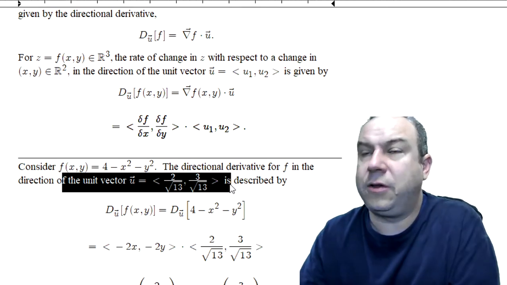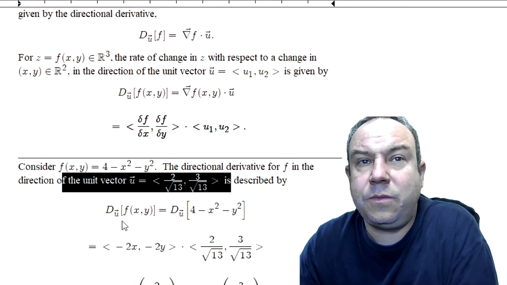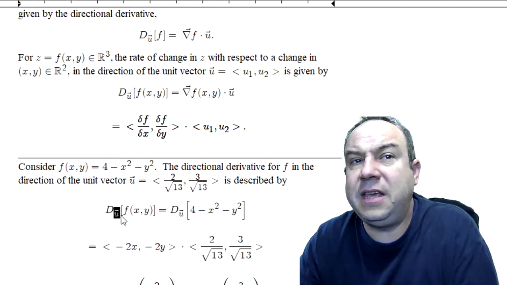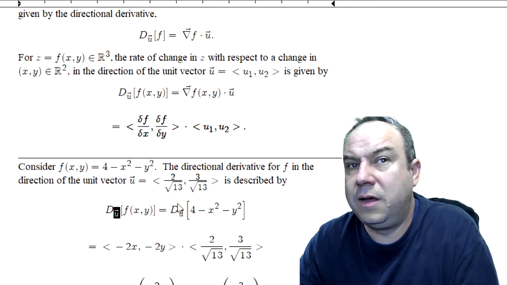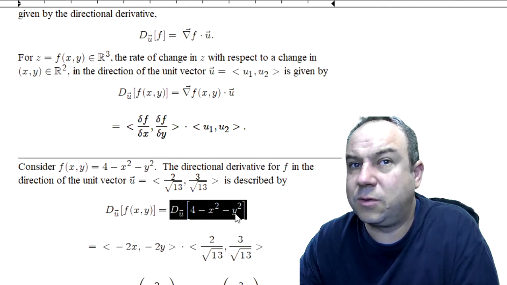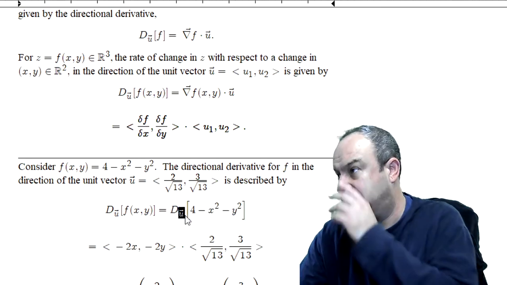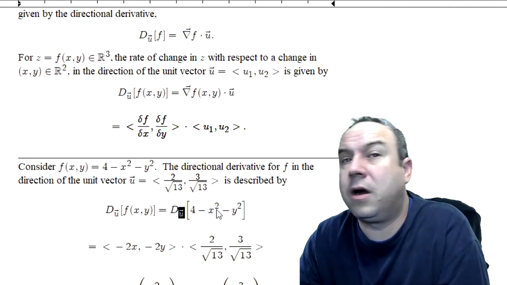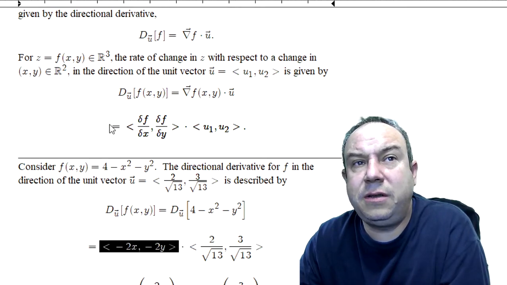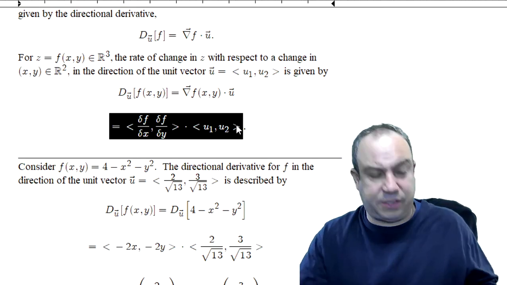So here we have our unit vector u bar. And what we're interested in finding is the directional derivative of f in the direction of u bar. The directional derivative of 4 minus x squared minus y squared in the direction of that unit vector u bar is given by definition by this calculation seen right here.